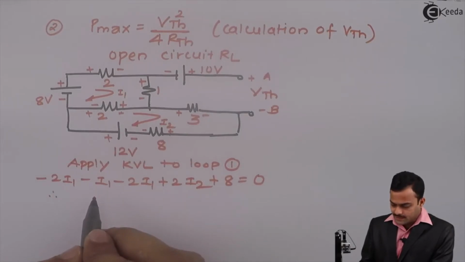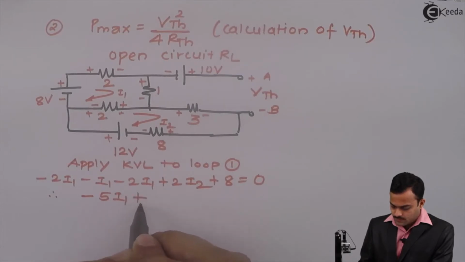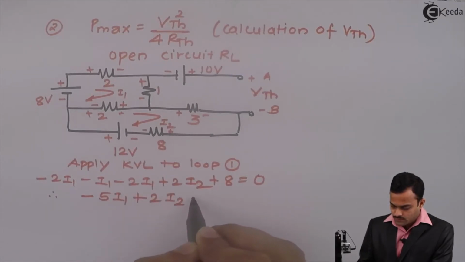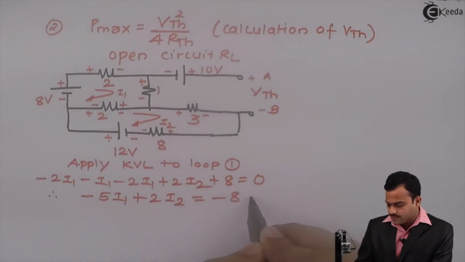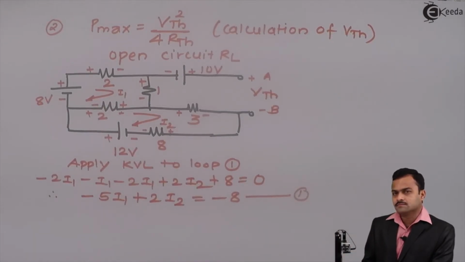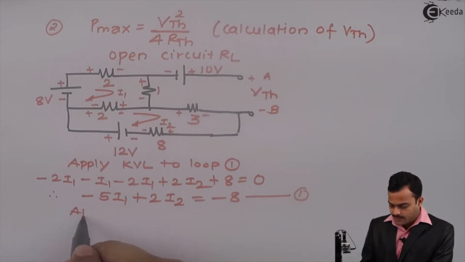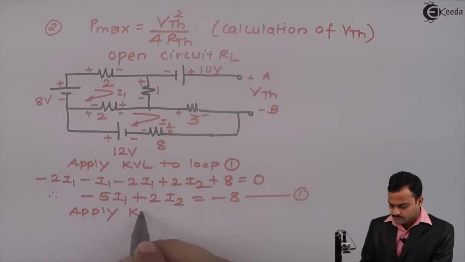If I rearrange the terms, I will get minus 5I1 plus 2I2 equal to minus 8, equation number 1.